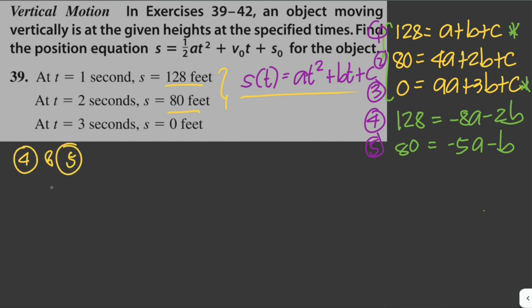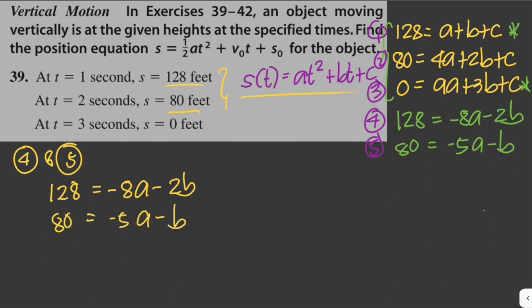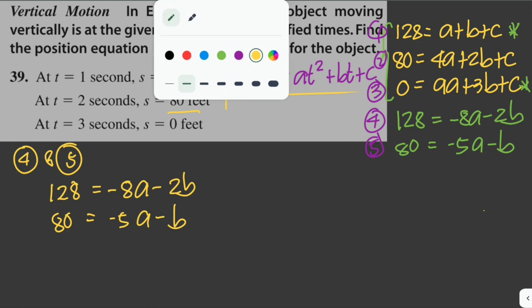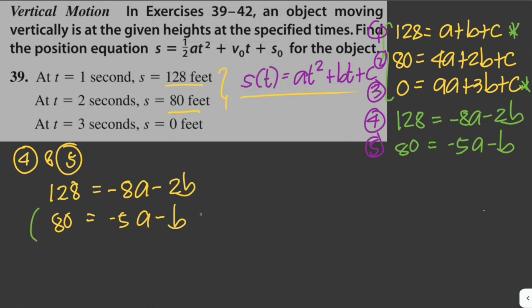So it would be 128 equals negative 8a minus 2b, and 80 equals negative 5a minus b. We can eliminate b here because it's easier. We just have to multiply the fifth equation by 2.